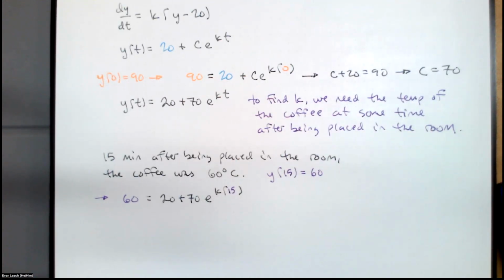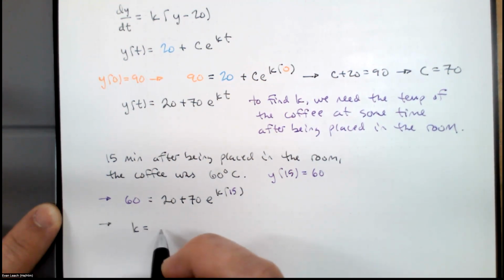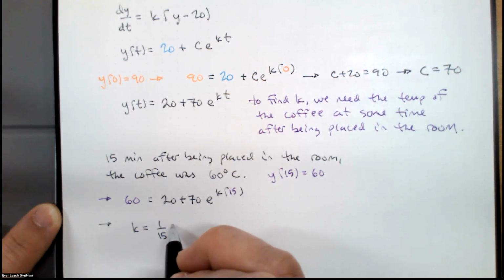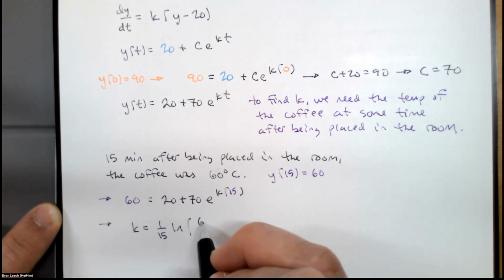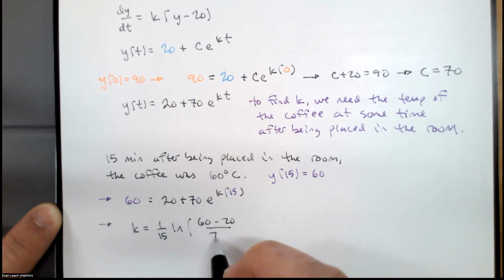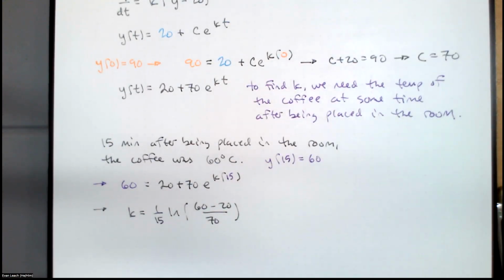Now all we have to do is solve for k. So we'll take the 60, subtract 20, divide by 70, take the natural log of both sides, bring the 15k down, then divide by the 15. Then punch it into the calculator.